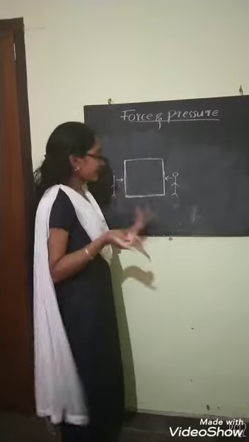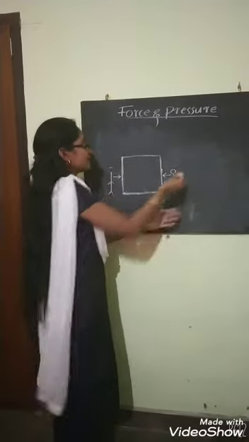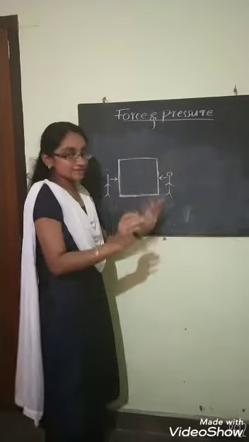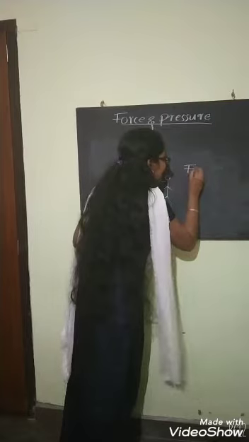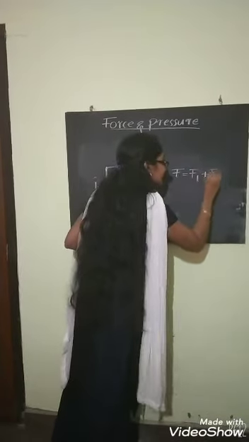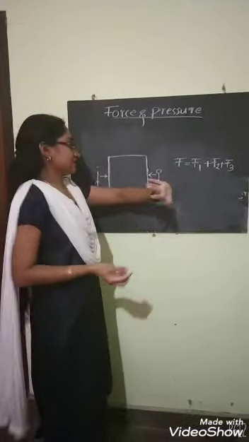In the earlier stage, we put all these people on one side and gave the force in the same direction, and we just added all the forces. This is the first force, this is the second force by the second person, and this is the force by the third person.